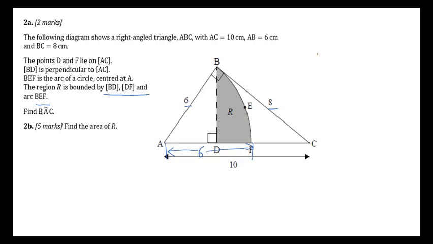Find the angle BAC. Since this is a right triangle, we know all 3 sides. Therefore, we can use sine to get this angle BAC. Let's label it theta. Corresponding to theta, this is the opposite side, this is the adjacent side, and here's the hypotenuse side.